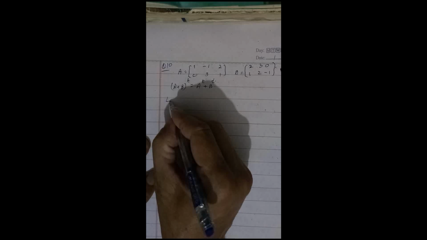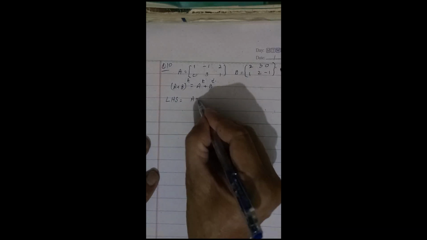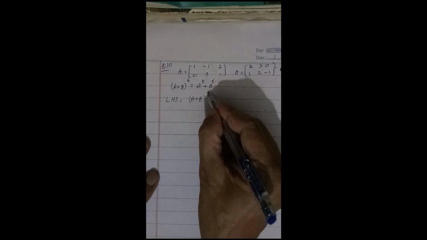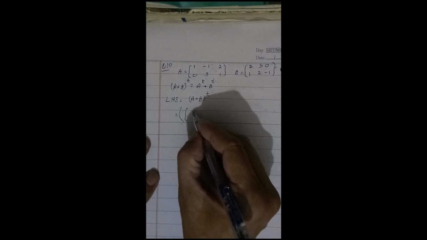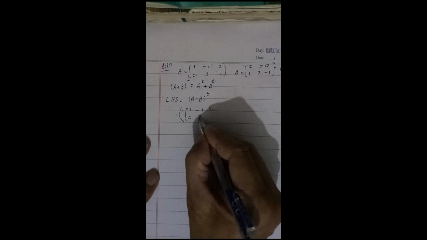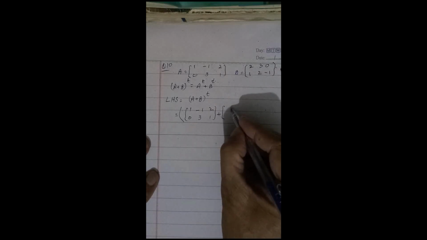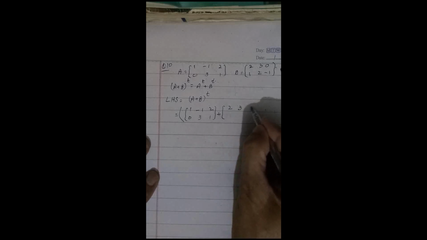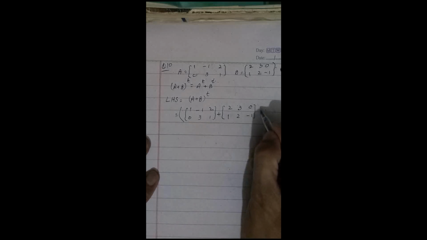Now the left hand side is equal to A plus B whole transpose. The matrix A is 1, minus 1, 2, 0, 3, 1 plus the matrix B is 2, 3, 0, 1, 2 and minus 1 whole transpose.